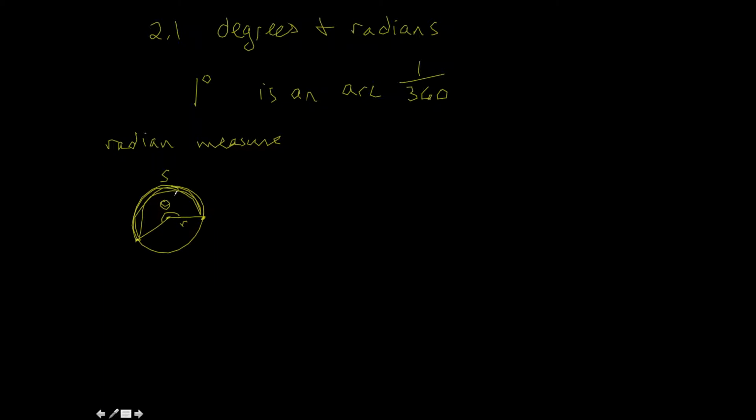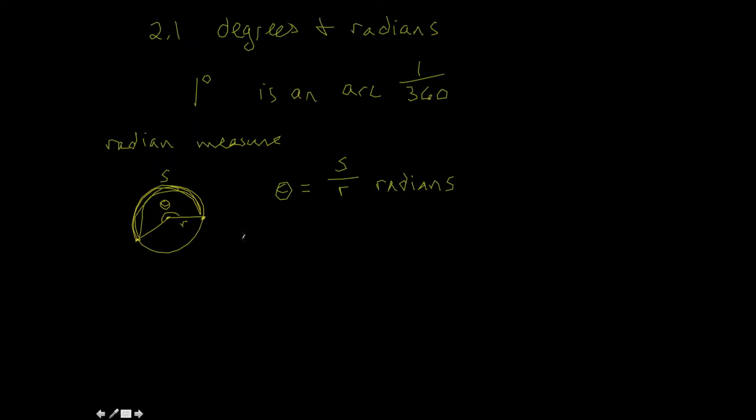We're going to call that theta. Then to find the radian measure, we say that theta equals S over R radians. So obviously S and R need to be in the same units. S is the length of the arc opposite of theta, and R is the radius of a circle.